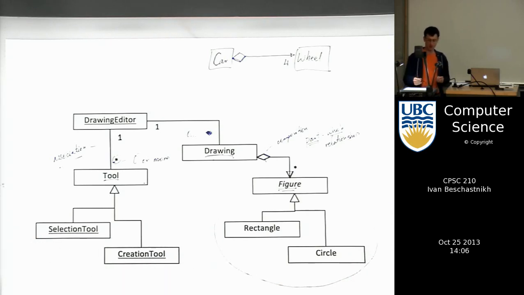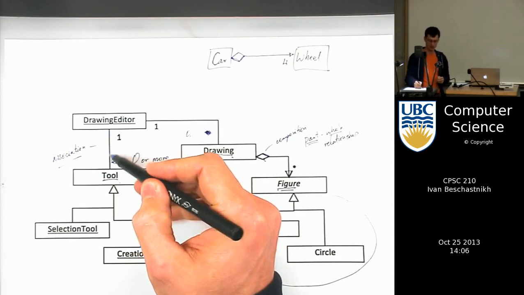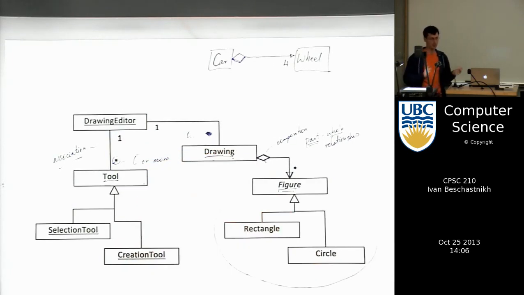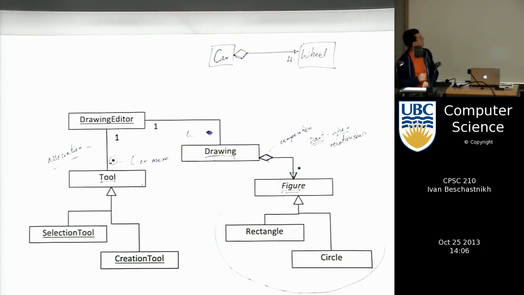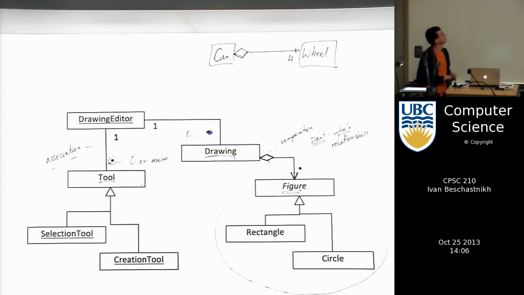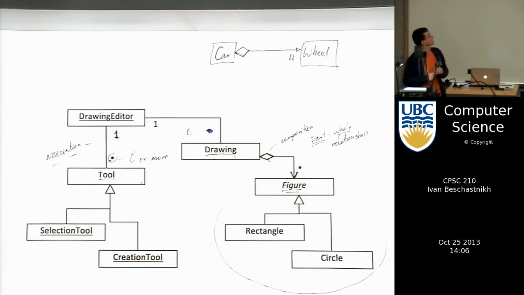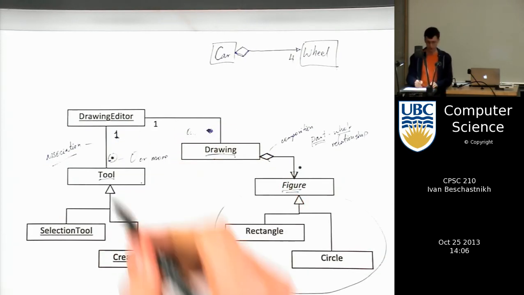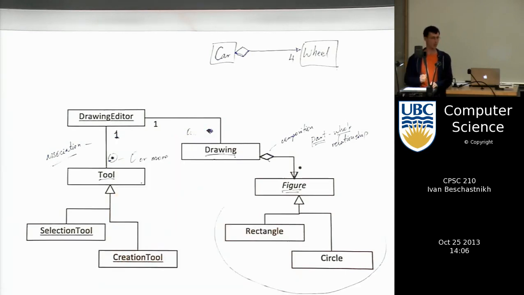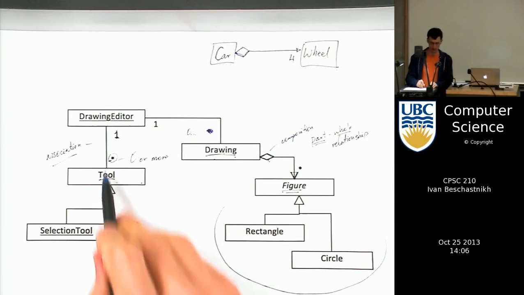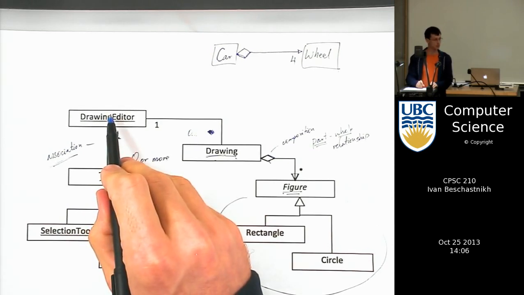So composition was this straight line. It might or might not have arrows on it. And the straight line has numbers to indicate the number of objects that you're actually talking about. So there's a 1 here next to a drawing editor. And this 1 indicates that a tool knows about exactly 1 drawing editor. So you read these kind of down from the object up to the second object.